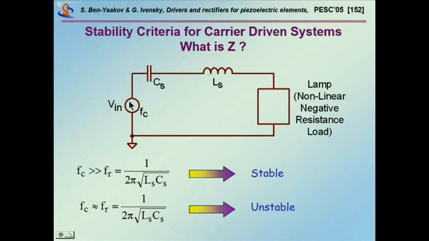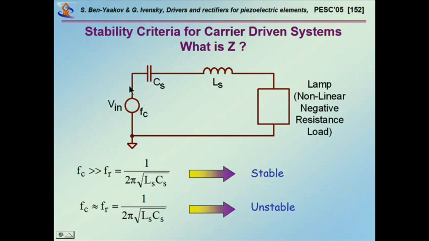If the carrier frequency is very high, this system will always be stable, because this is a short, this is a very high impedance, this is a current source. On the other hand, if the carrier frequency is close to the resonant frequency, this impedance is very low, at resonance it's 0, this is a voltage source, and this will be unstable.